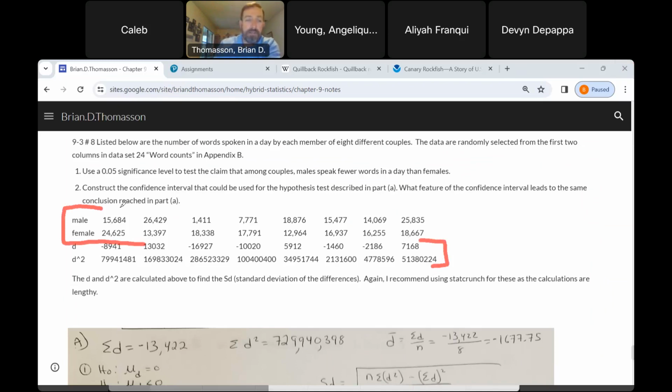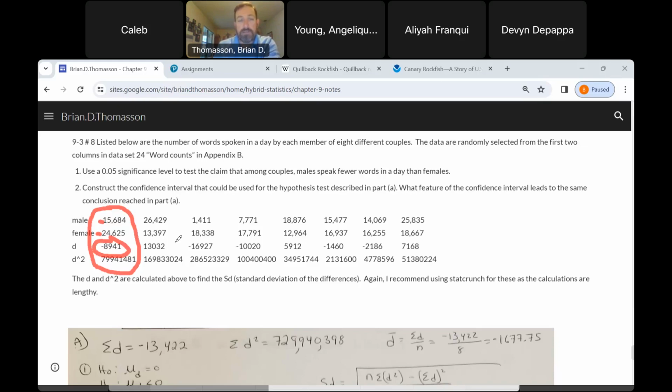So let's just look at our first couple. In that first couple, the male spoke 15,000 words and the female spoke 24,000 words. And what we're doing is just finding the difference. So we take the 15,000 minus 24,000, and that's where this 8941 comes from. Okay, so the first one, the male spoke fewer words. The second one, the female spoke fewer words, and so forth. So we just find those differences.